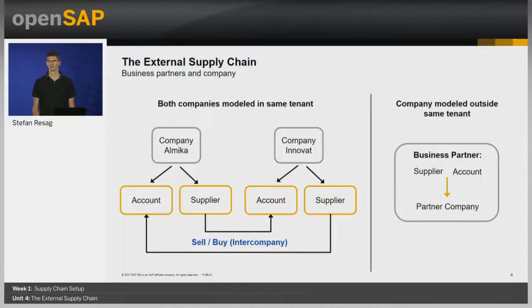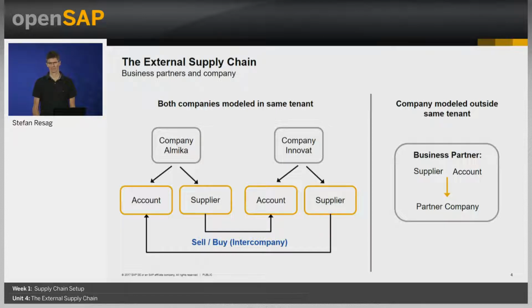Consequently, when transferring goods from Almica to Innovat, Almica acts as a supplier for Innovat and Innovat acts as a customer for Almica. In week 4, we will have a closer look at this intercompany sell and buy process, sometimes also called intercompany stock transfer.